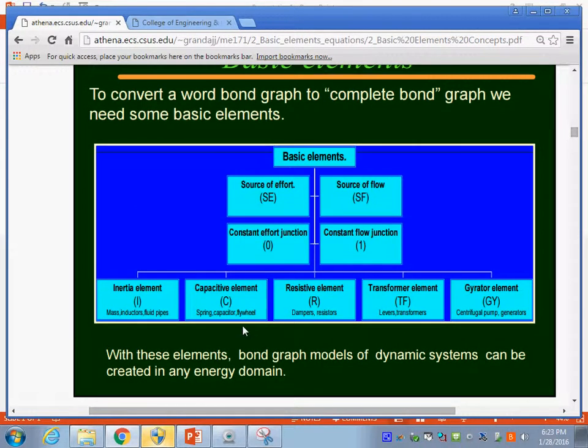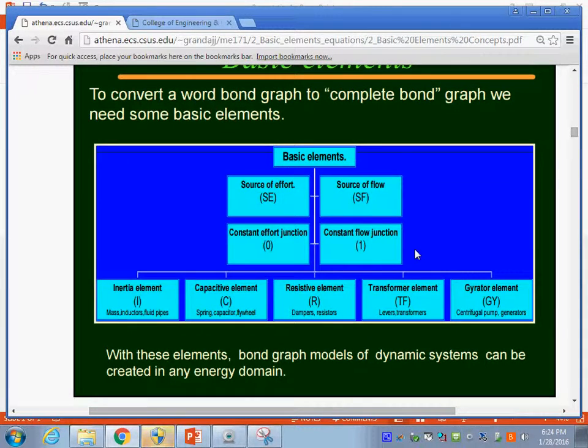The springs store potential energy, right? The R element actually does the opposite. It creates resistance and dissipates energy.